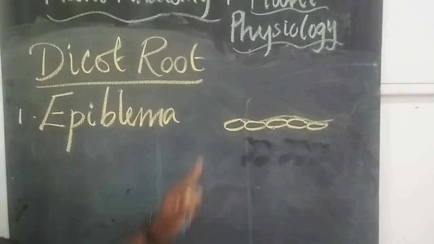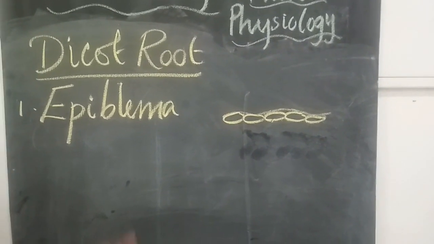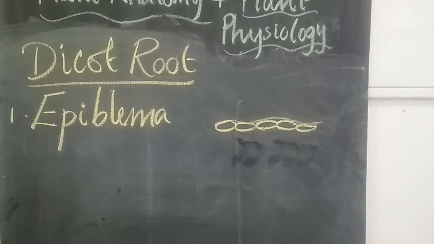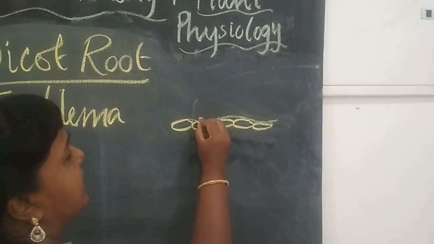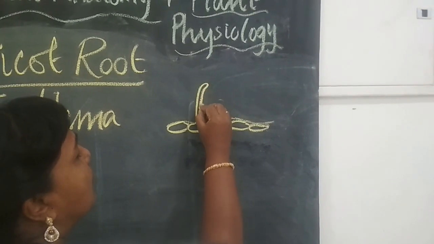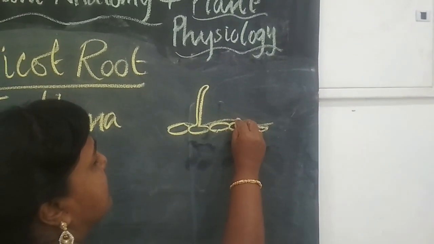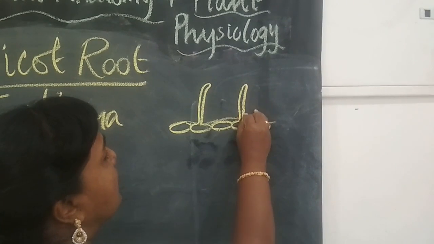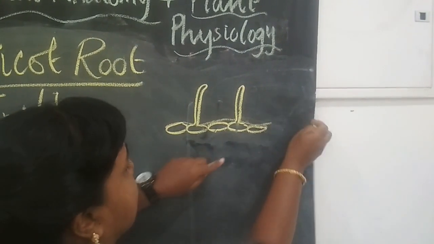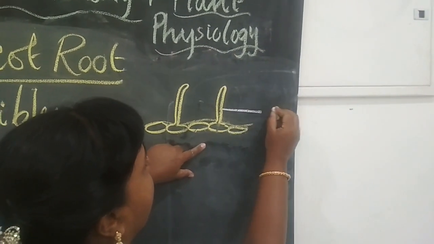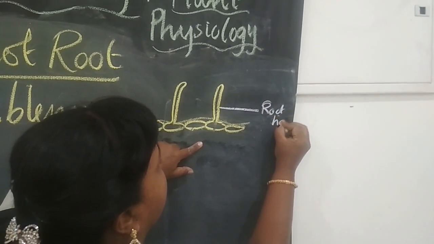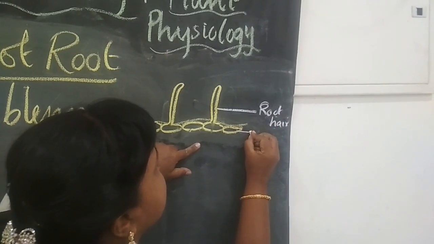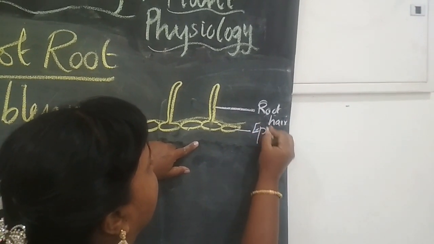In the epiblemma there is no cuticle or stomata, and it projects out to form the root hairs. So this is the root hair, and this is epiblemma.